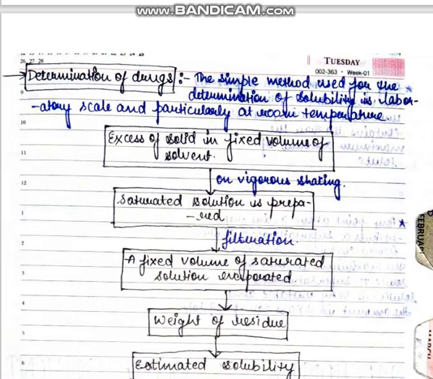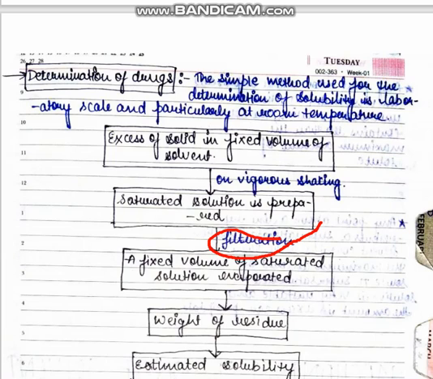It means at that temperature, not a single bit more of solute can be added in the particular solvent. This solution has now become a saturated one. Then we filter this saturated solution, and after filtration, a fixed volume of saturated solution is taken from the whole beaker and evaporated.